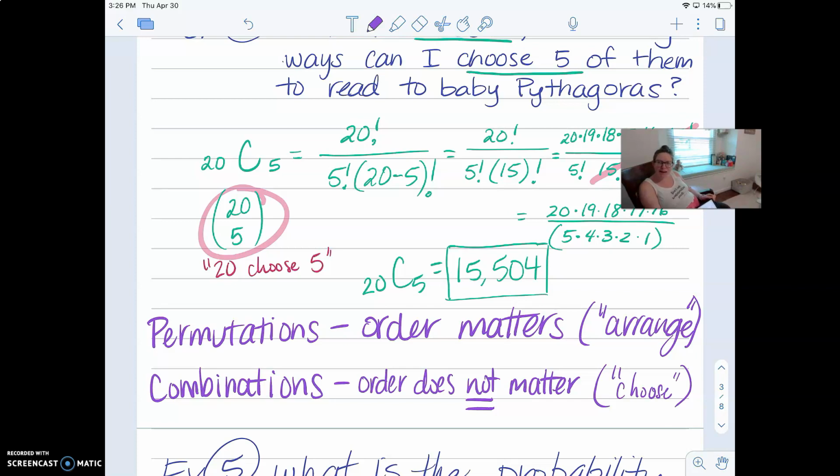Whoever came up with the name combination lock did not pay attention in probability, because when you do your code for your lock, doesn't the order matter in which you arrange the numbers? Yes, it does. So technically, those should be called permutation locks. So the next time someone says, grab your combination lock, you should say, no, that is a permutation lock, not a combination lock, because the order matters.